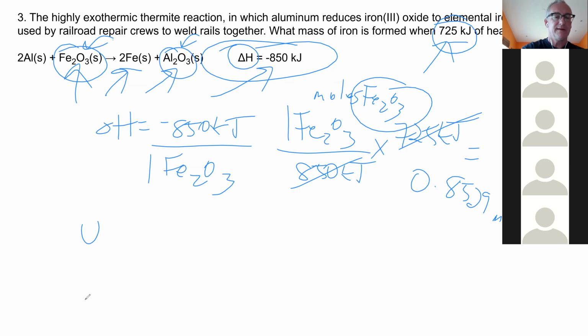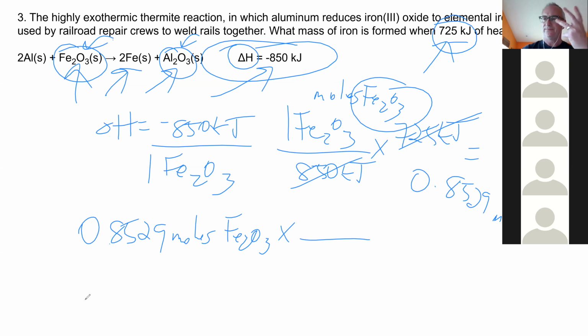If I have 0.85 moles of Fe2O3, that's how much I started with. What's the relationship between moles of iron and moles of iron oxide?